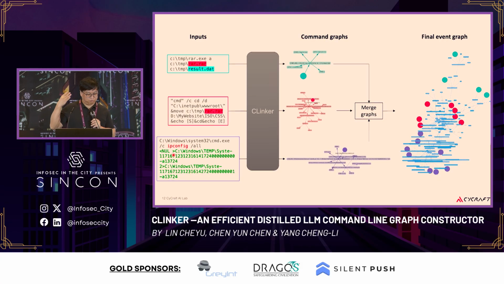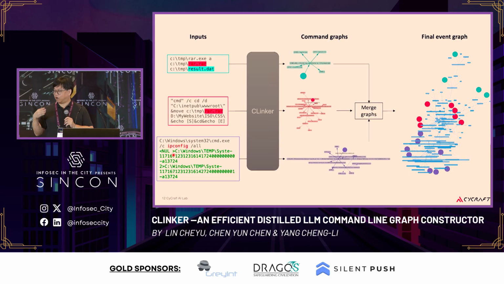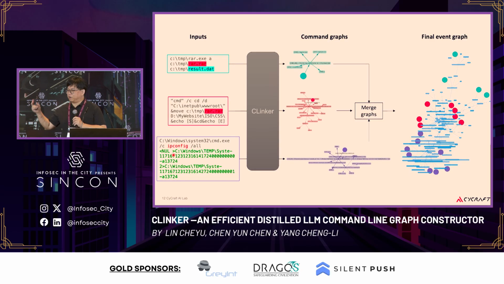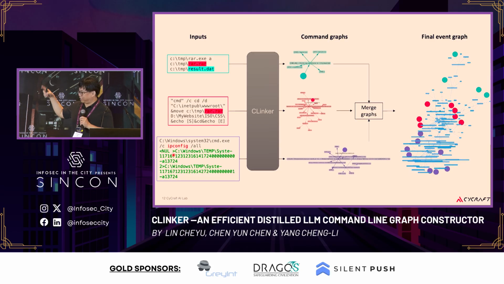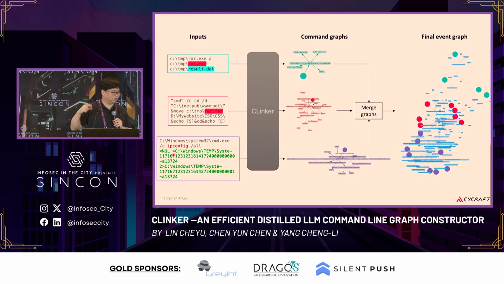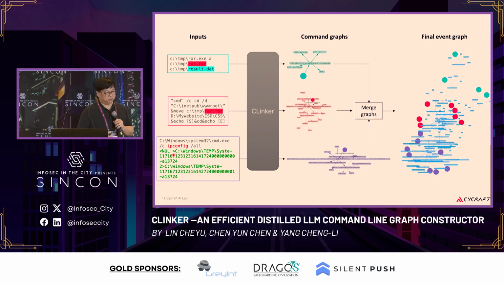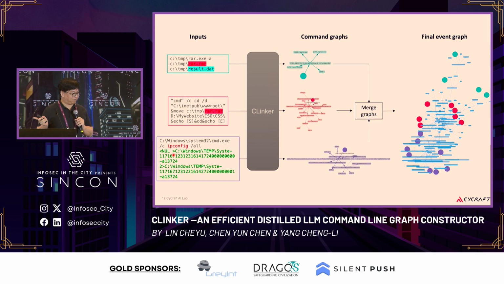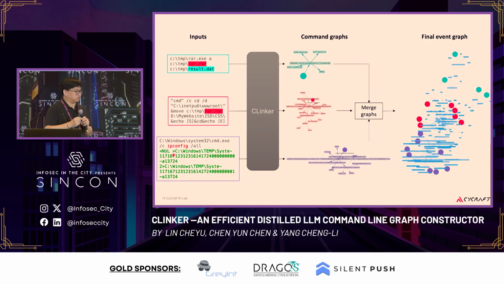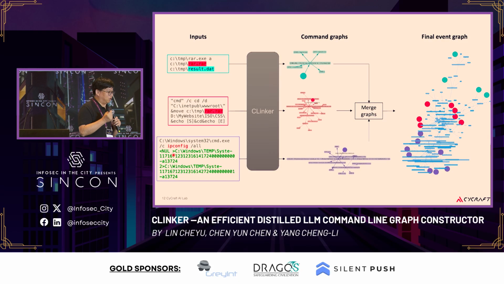If we convert these 3 command lines into a graph, we can merge them together into one really huge command line graph. It's actually a list of commands that we can merge together. Once we have this really large command line graph, we can use a lot of great attributes of the graph.